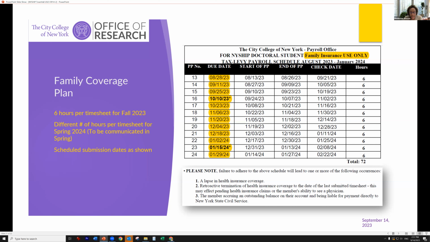I will say it again on top of what HR just said. We have numerous cases where people left this college years ago and NYSHIP is still being charged. Then the faculty member gets the bill and says, I don't know what this is, and sends it to the provost office.